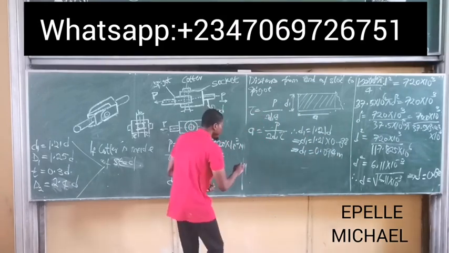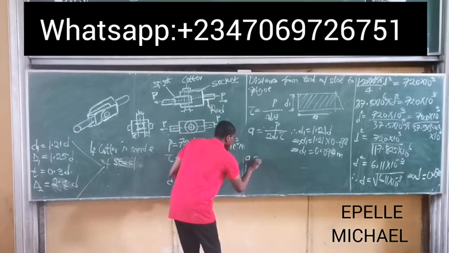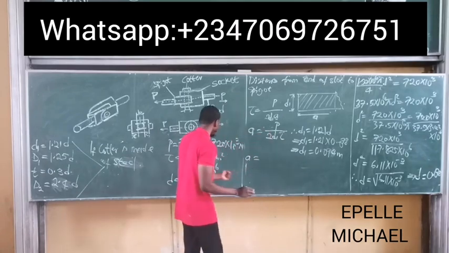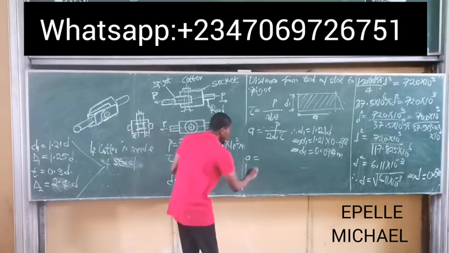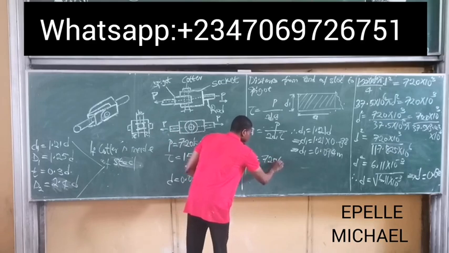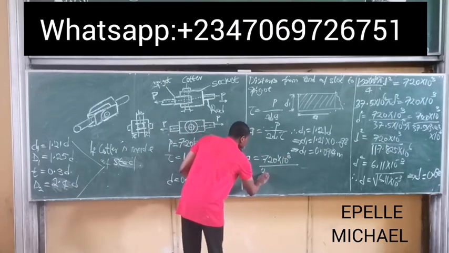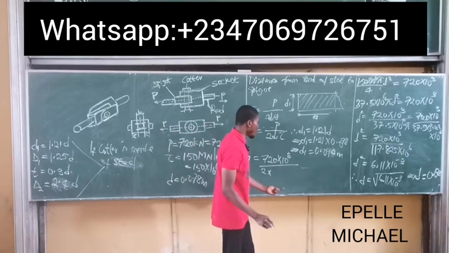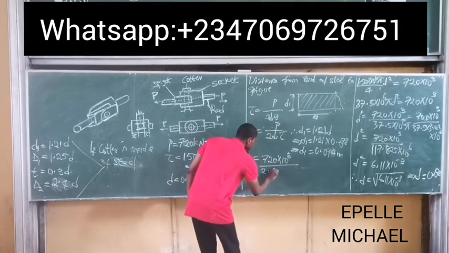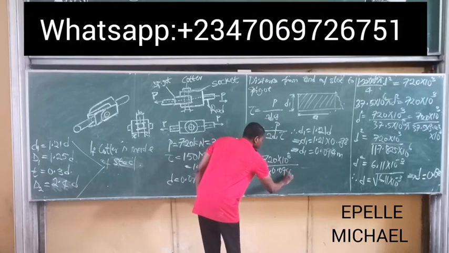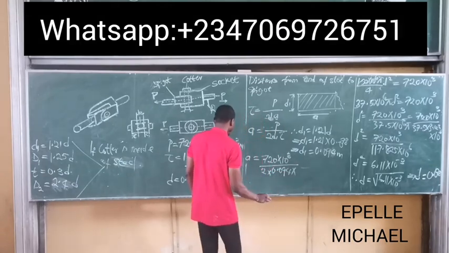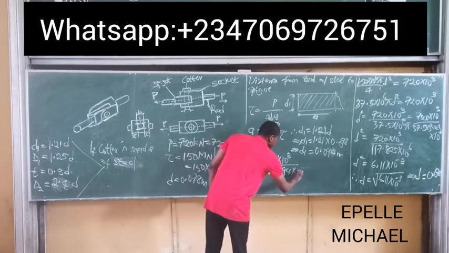All we need to do now is design this distance A. The load was given as 720. You simply have 720 by 10 to the power of 3, all over 2 times D1, which we obtained as 0.094, times shear stress 150 by 10 to the power of 6.